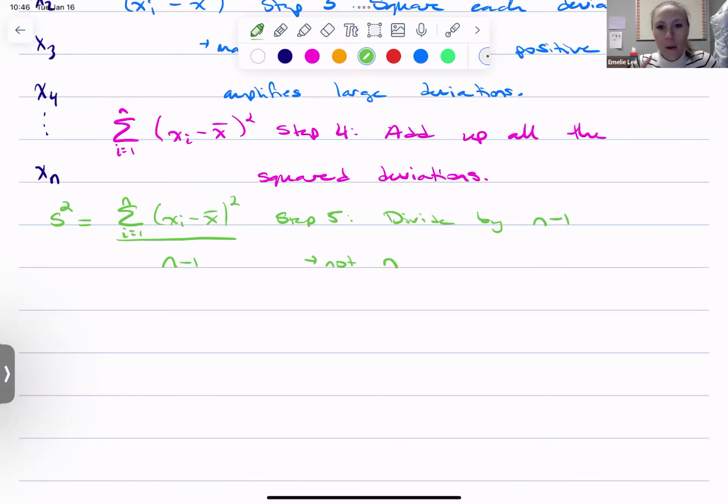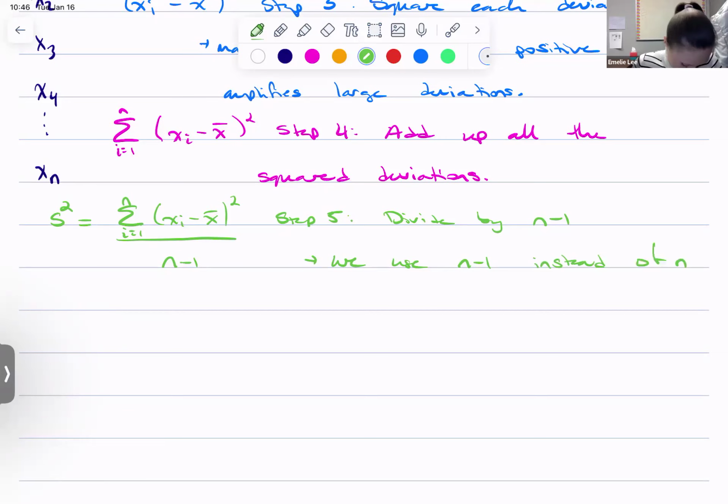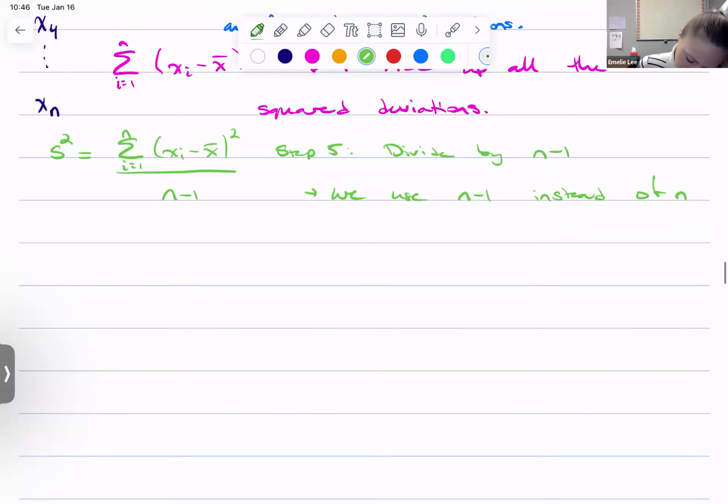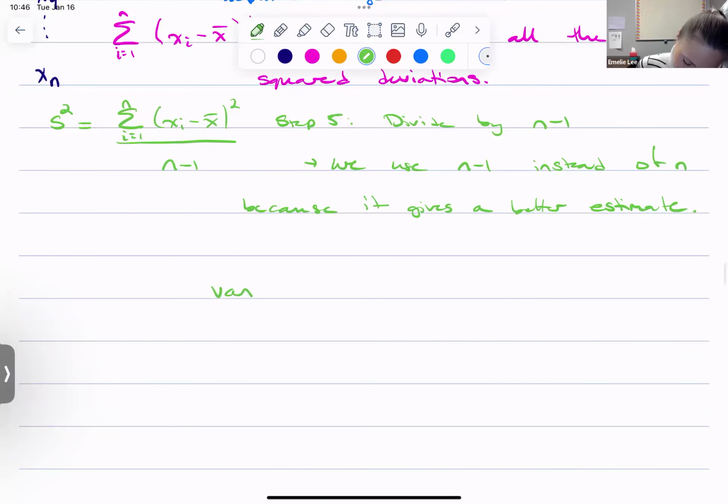We use n minus 1 instead of n because it gives a better estimate. But for us, we just need to accept it as fact. And so now the variance is s squared.